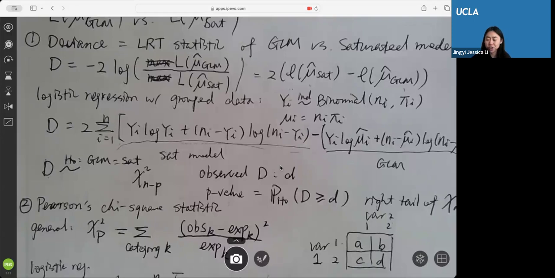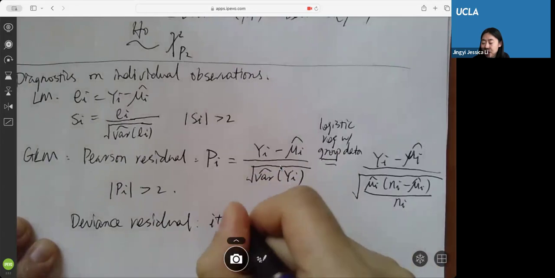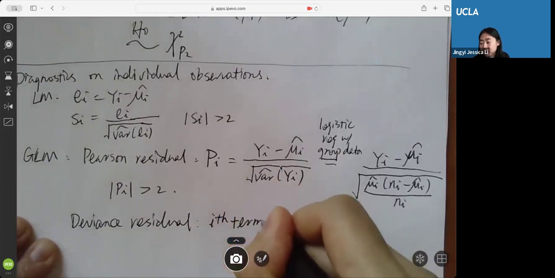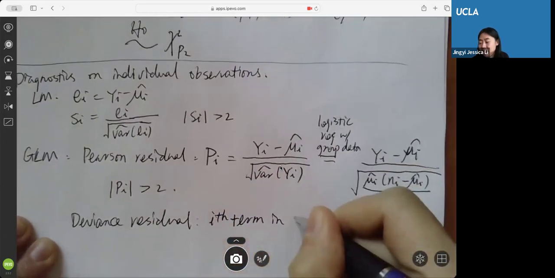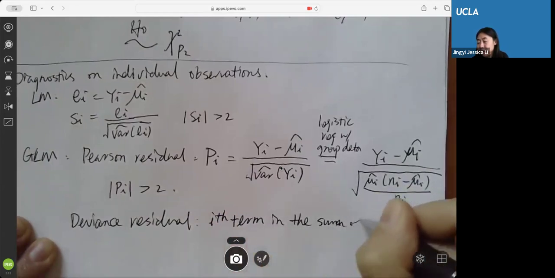That's it. So essentially, the deviance residual is just the ith term in the sum of deviance.